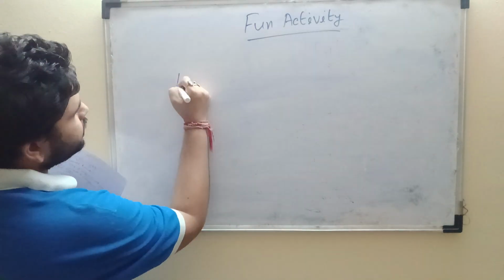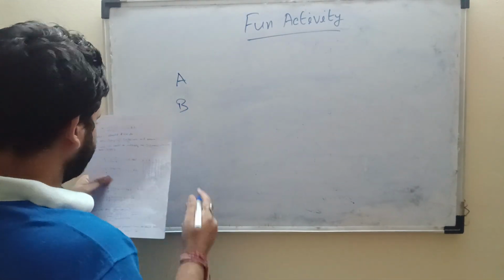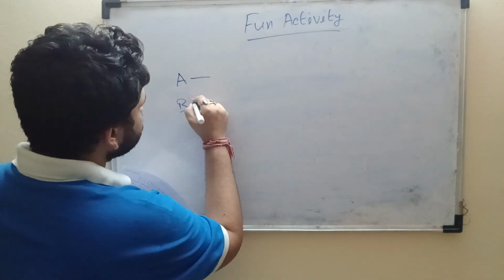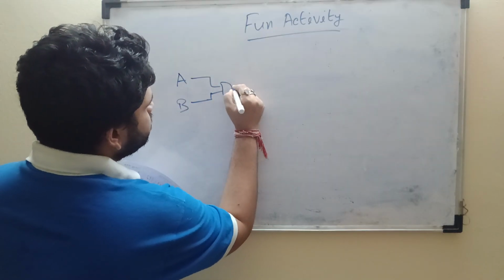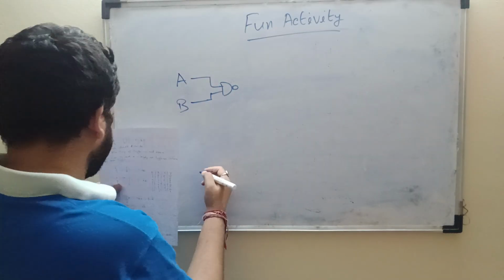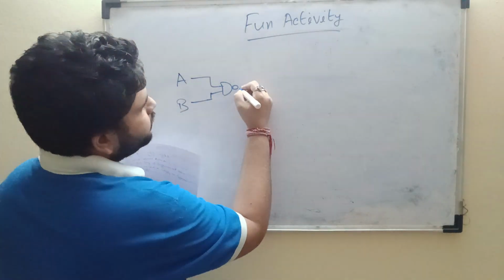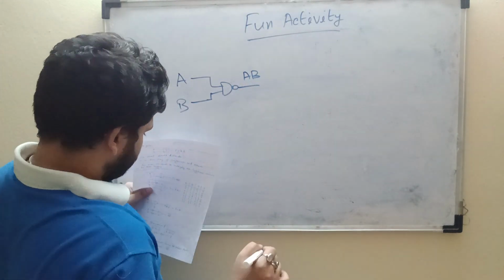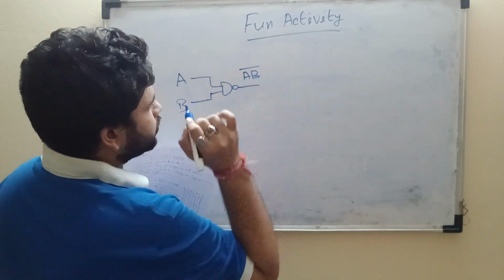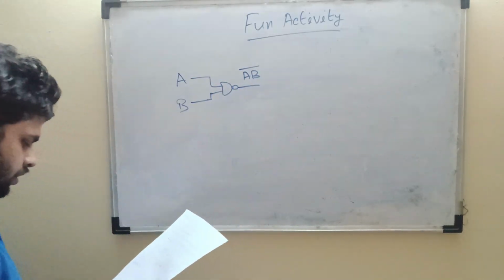So let's see, A and B are in a relationship. One day it happens that they are in big trouble, a NAND gate. So they become AB bar.